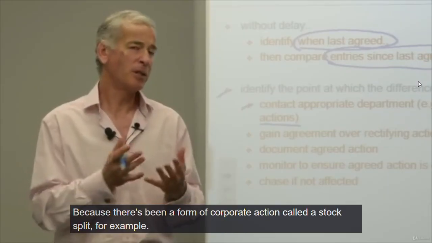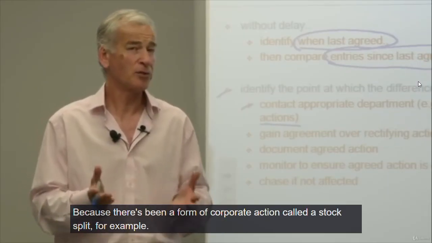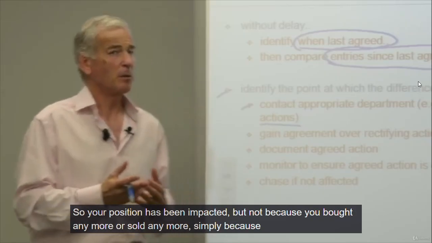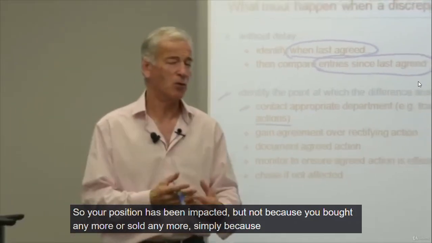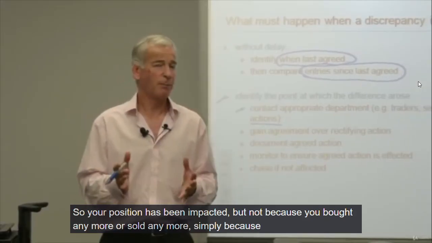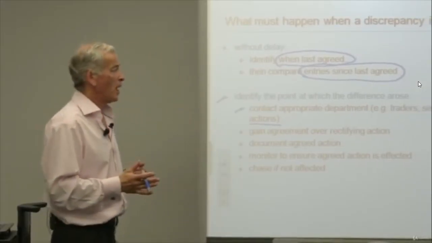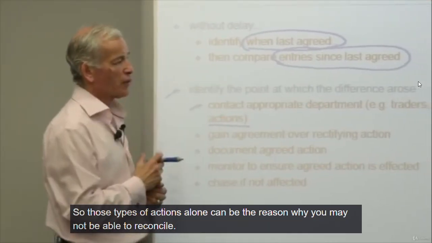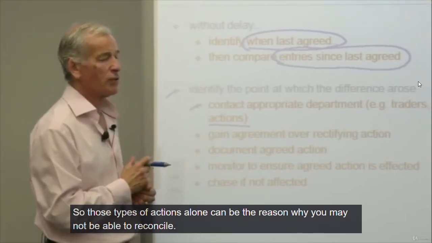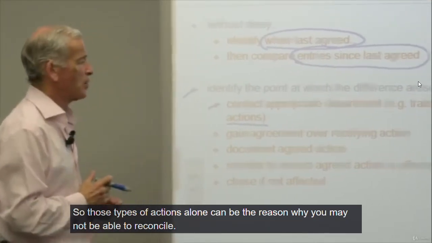Why? Because there's been a form of corporate action called a stock split, for example. So your position has been impacted, but not because you bought any more or sold any more, simply because of a corporate action. So those types of actions alone can be the reason why you may not be able to reconcile.